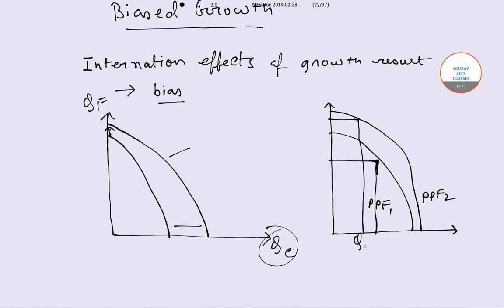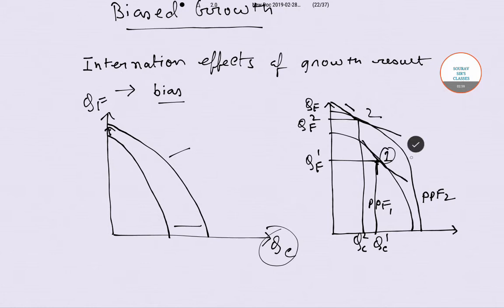And it will be QC2 to QC1, and here it will be QF1 to QF2. So here we'll write QF. Here it is tangent at 2 and here it is tangent at 1.